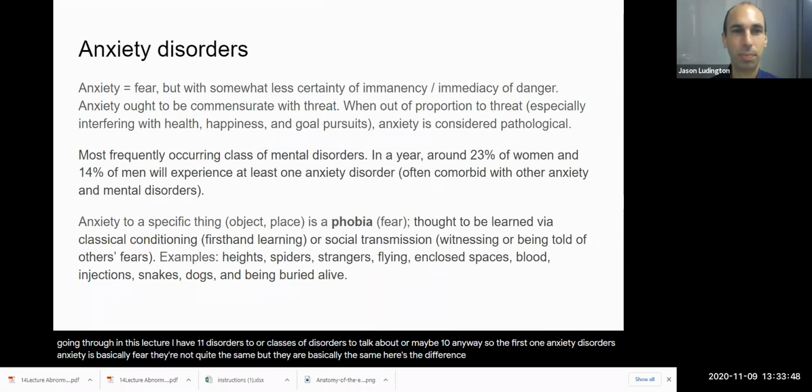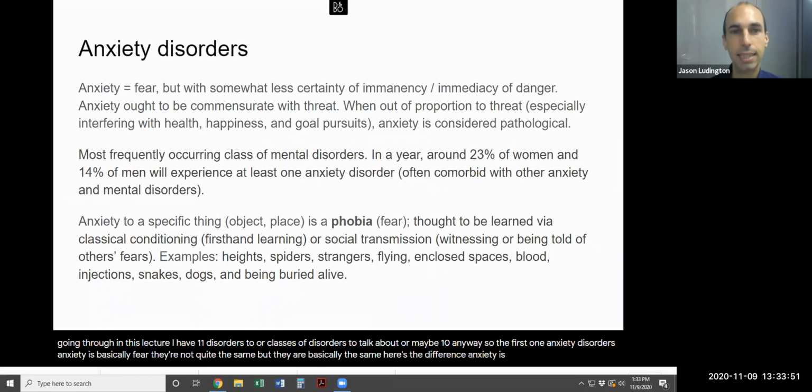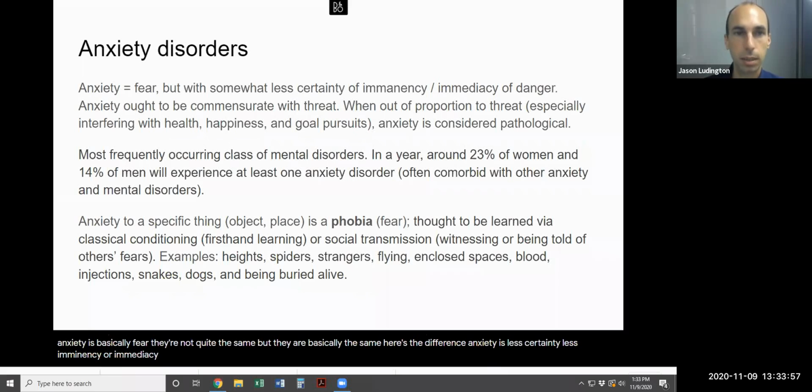So here's the difference. Anxiety is less certainty, less imminency or immediacy, but they are both related to danger. Anxiety ought to be commensurate with threat. If your anxiety is much higher than the threat level, for example, if there's a cockroach in the corner of the room and you're at the opposite end of the room, 20 meters away, screaming, then perhaps your anxiety is not commensurate with the threat.